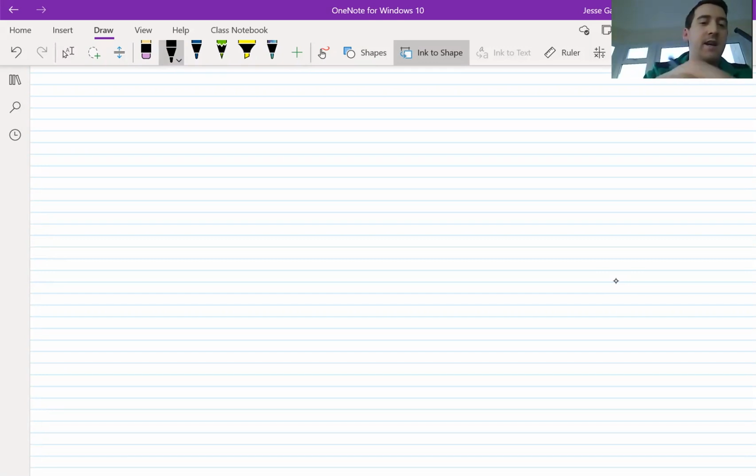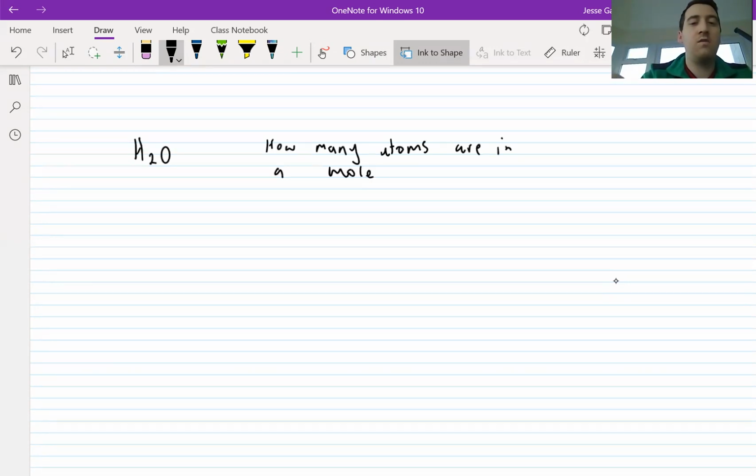And that is the idea that if we take something like H2O, what if I was asked how many atoms are in a mole of water molecules? Okay, there's 2 words important in this question. How many atoms are there, and how in these water molecules?